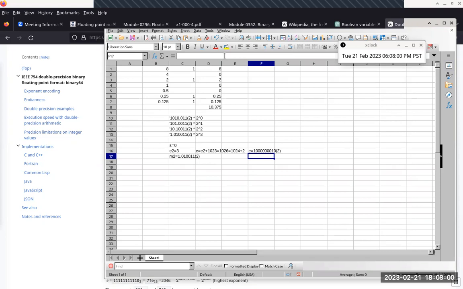Did you use the summation formula for E? So are you asking how I got from 1026 in base 10 to this number in base 2? Yeah, or why I added 1023 from E2 to E. Oh, okay.